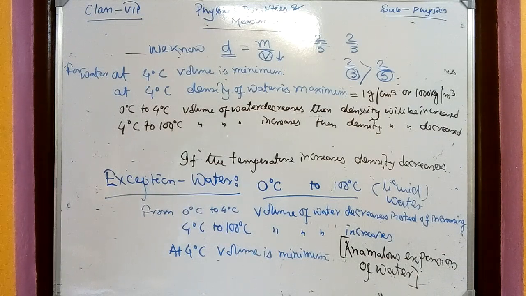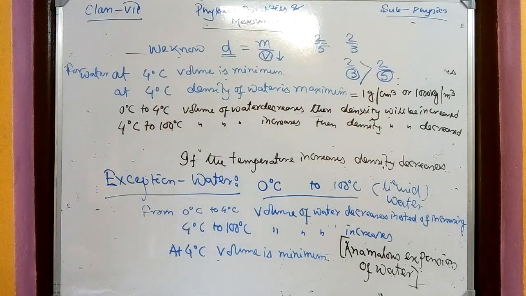Whenever I ask what will happen with the density with temperature, you have to write the general thing: as the temperature increases, the volume increases and the density decreases. Simple thing. But the exceptional case is for water.